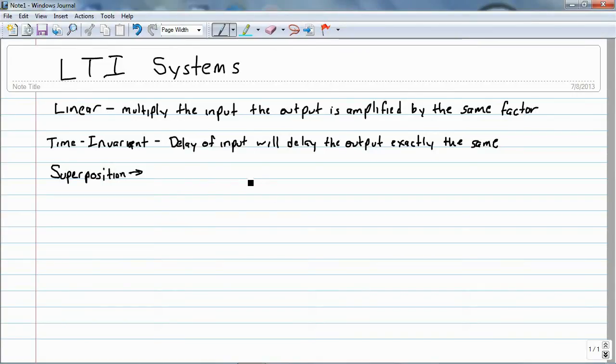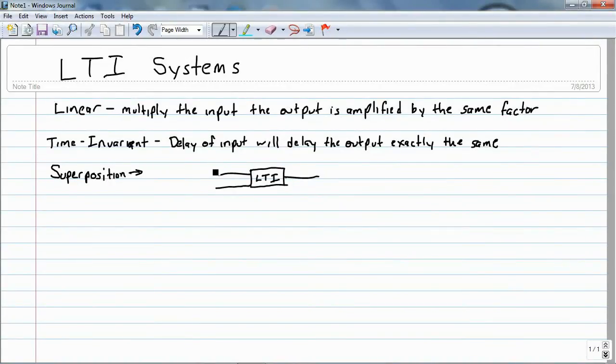So let's think about this as, let's say I have a black box. I don't know what's inside this box, but I do know that it's an LTI system. Now I can have one input and another input, and I'm going to have some output.